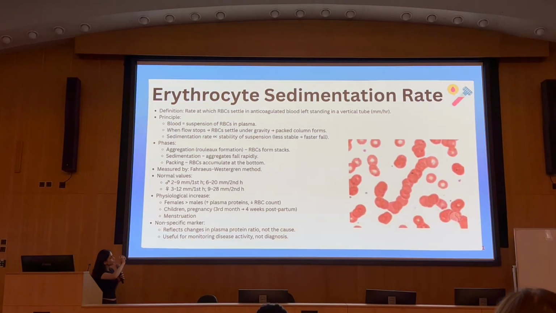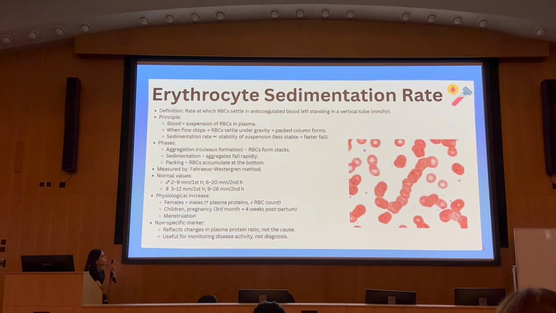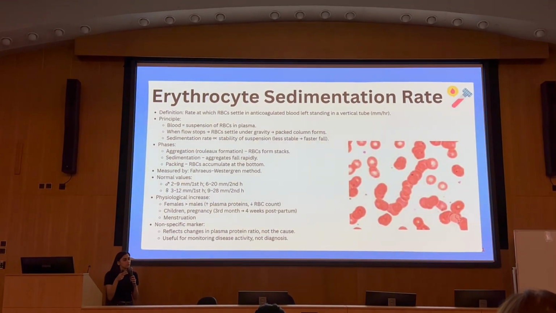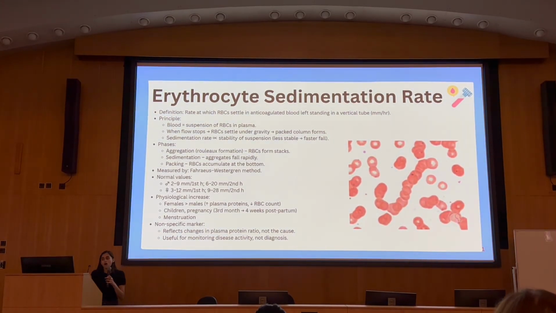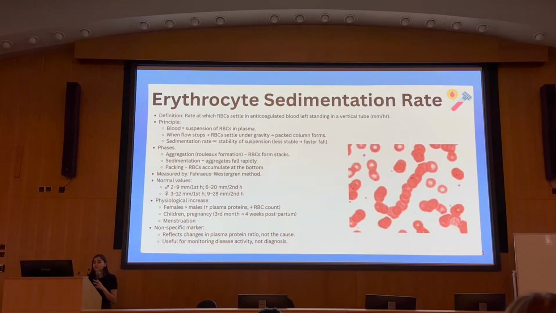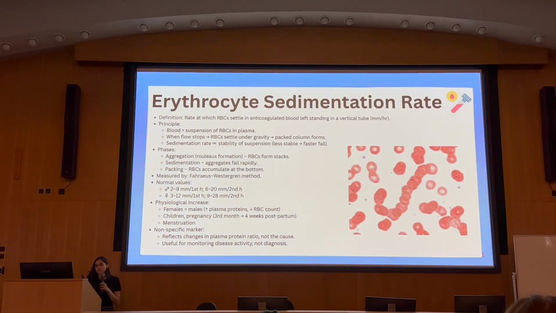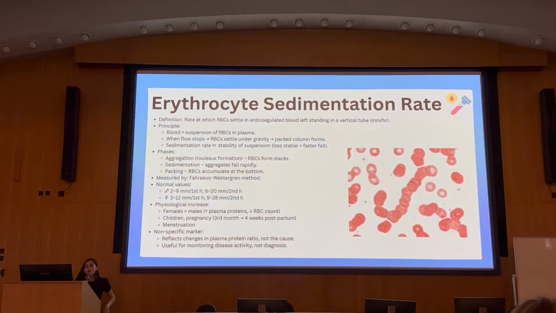So if you think about it, if there are fewer RBCs, and plasma proteins are obviously not going to be as much as the RBCs in our body, then there would be less repulsion between those RBCs, and there would be enough ratio of plasma proteins to RBCs, and they can form rollers. But if there are many RBCs, like in men, then you would have negative electrostatic repulsion, and the roller formation would become slower. So that's the reason females have a higher erythrocyte sedimentation rate.